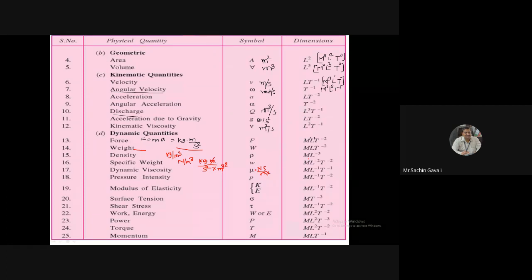Newton means kg meter per second square, into second, divided by meter square. So you can simplify this and you will get M raised to 1, L raised to minus 1, T raised to minus 1. So this will be dynamic viscosity.